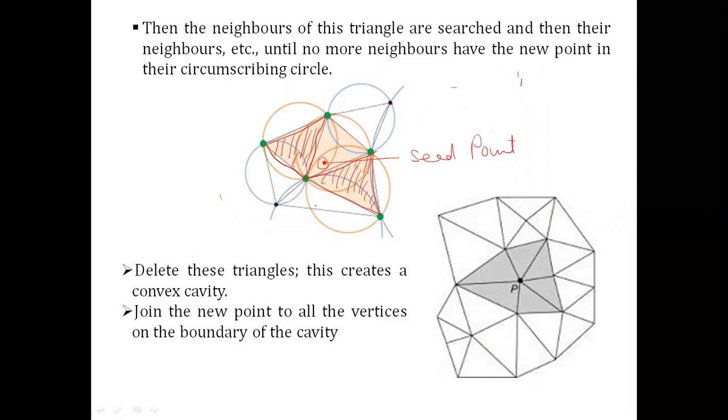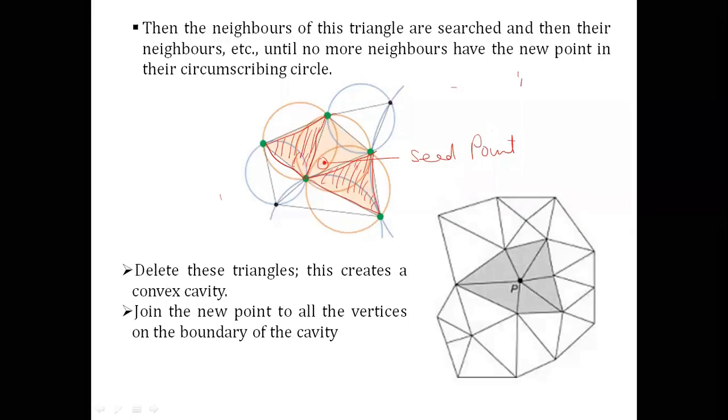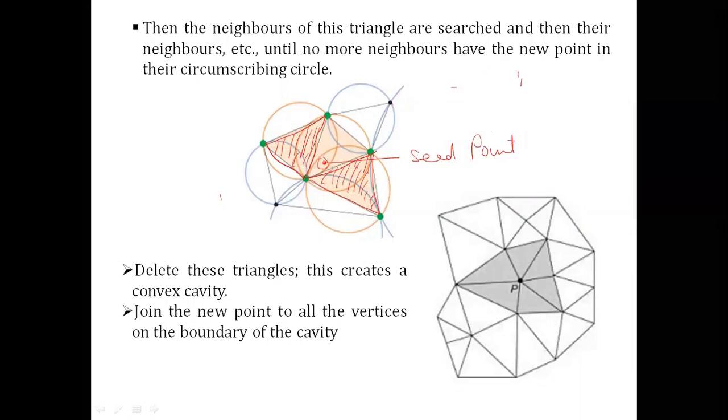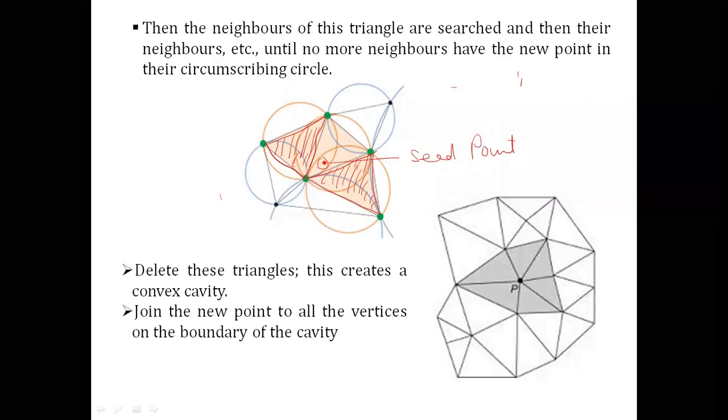So what is the evaluation? The evaluation is that this seed point is already there and these triangles are getting affected by this seed point. So what we will do is the nearest edge of that triangle to the seed point will be considered.